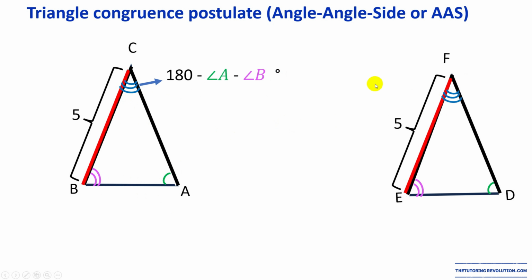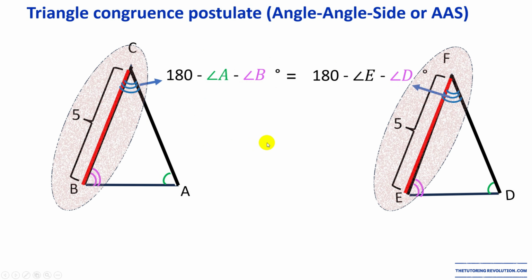Here, this angle is also going to be 180 minus the measurement of these two angles here. Since E and D, A and B are congruent, these two are going to be the same. So 180 minus these two is going to be equal to 180 minus these two angles here, because these angles are the same.